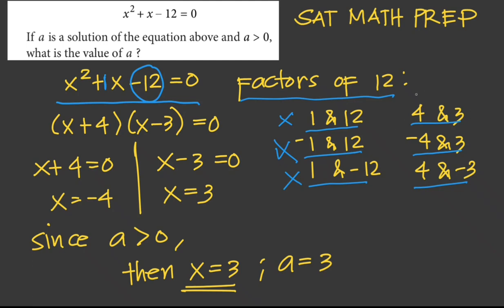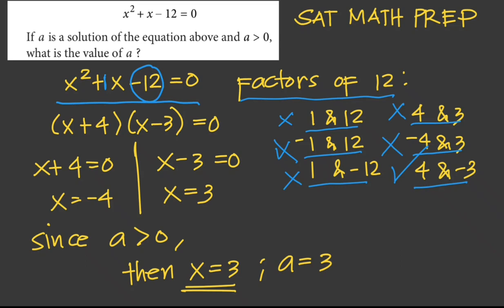How about this one? 4 times 3 is not negative 12. Negative 4 and 3, and 4 and negative 3 give negative 12. But when you add them up, which one here would be equal to positive 1? This one is negative 1, so we have 4 and negative 3.